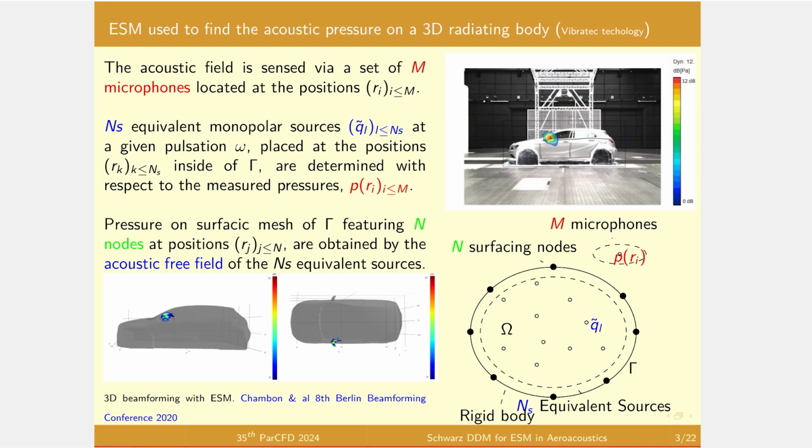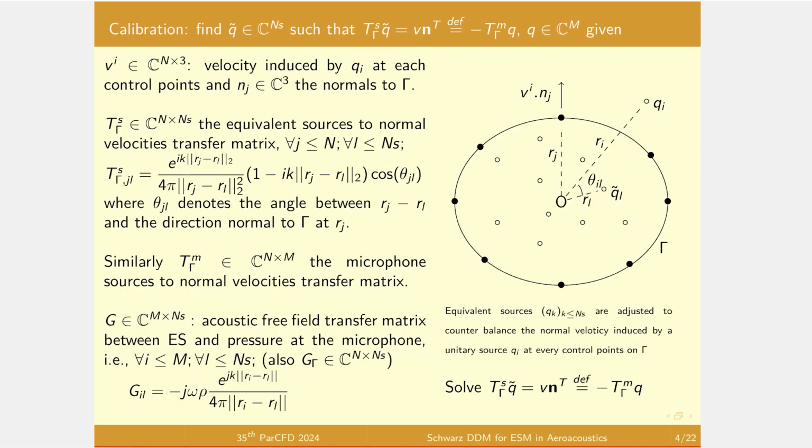Here we are interested in the calibration step. It's to find the equivalent sources such that, for a source outside of the body, we have the same normal velocity between this source and the equivalent sources at the boundary of the skin.